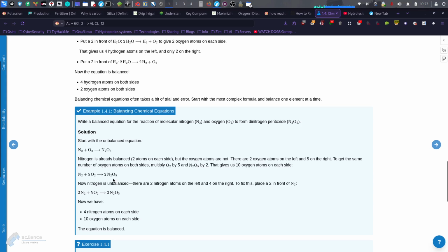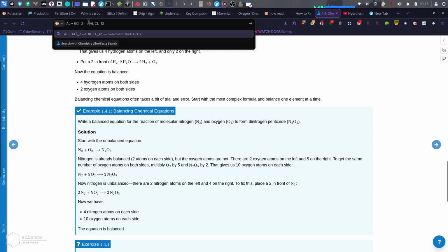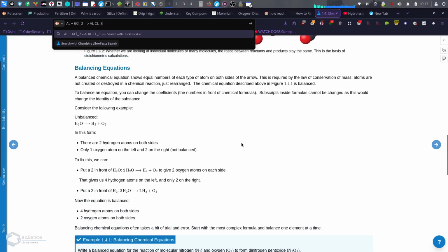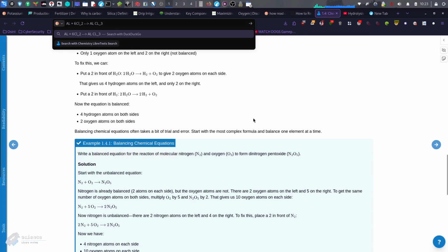But I do not understand. If I add in here too, no. This will not change subscripts. I forgot about it. Subscripts in formulas cannot be changed. Okay, I will not change the subscript.